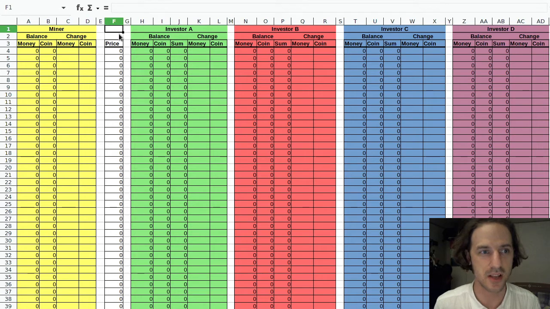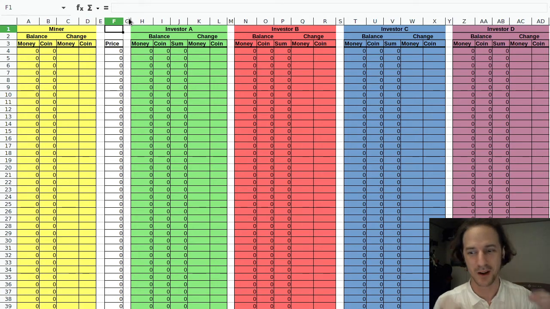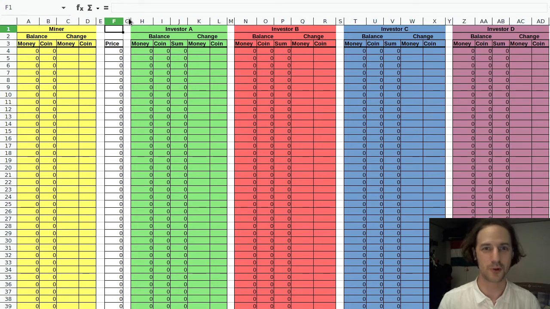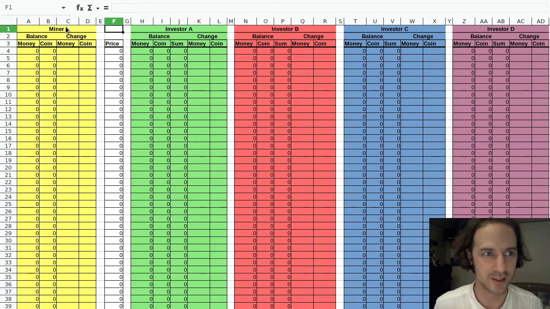But as far as I know, most of the volume of these cryptocurrencies is not used for donating money to your favorite YouTube content creator or things like that. Most of the money that is in cryptocurrencies is used for investment.